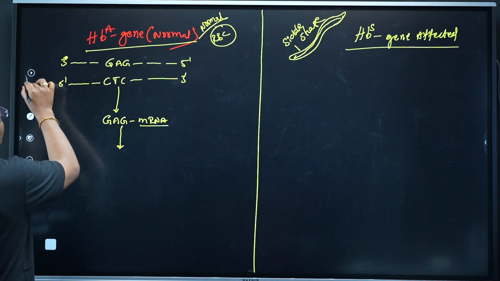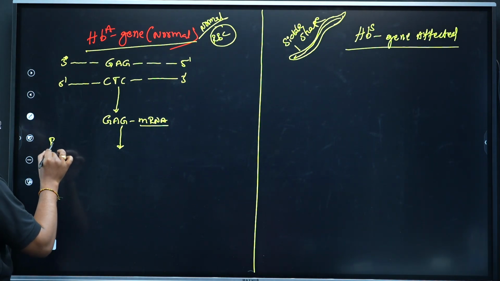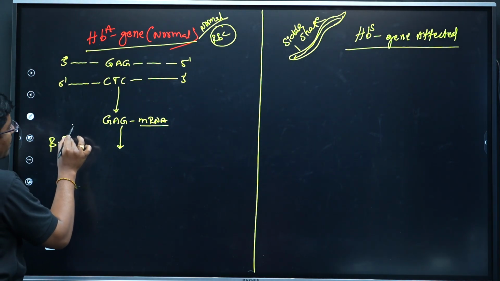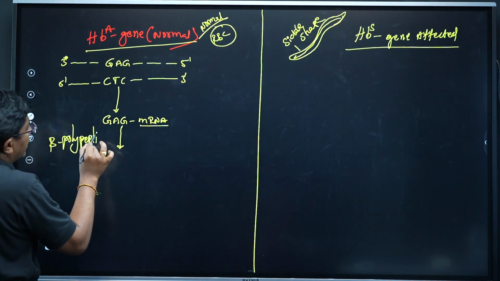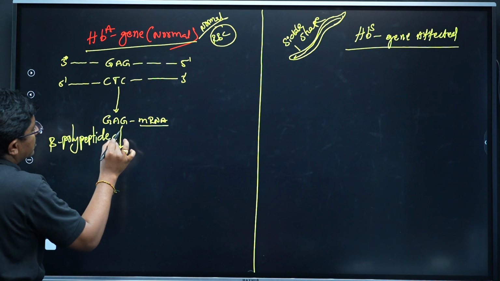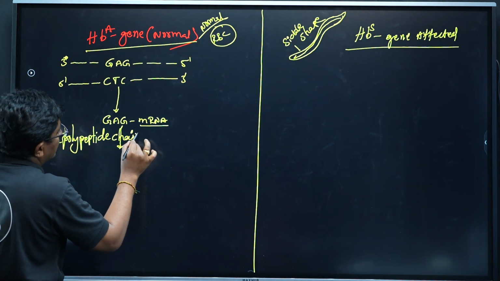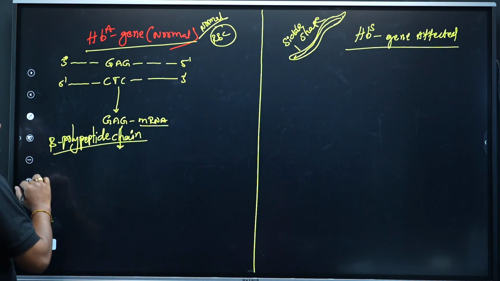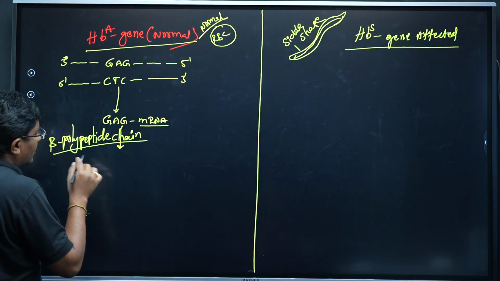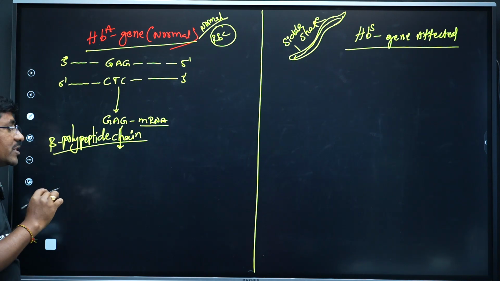Okay, here beta polypeptide chain. In this beta polypeptide chain, amino acids are there.